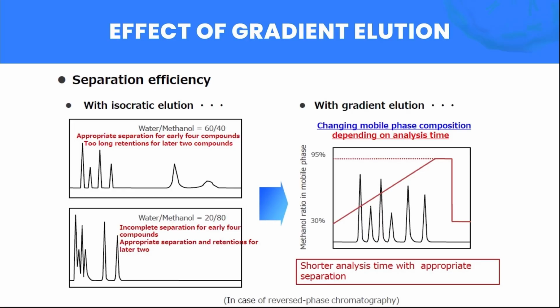And if the peaks arise earlier, then it means we are not consuming too much solvent, and the solvent is therefore not wasted too much. So this is also a green approach. So in this way, there are a lot of advantages of gradient elution.